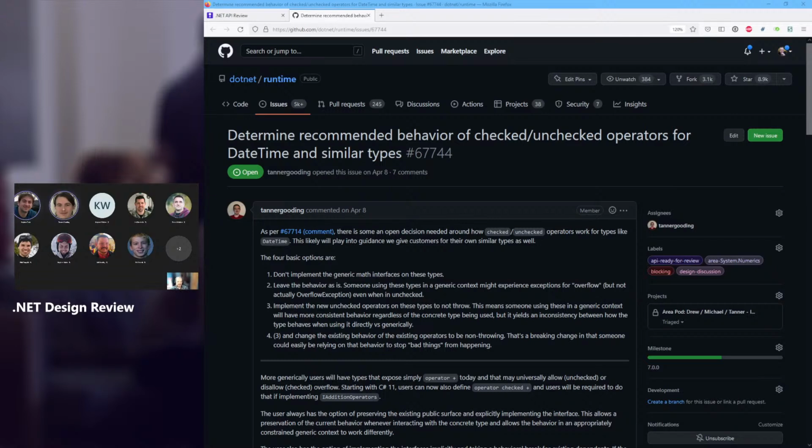IEqualityOperators is math related, whereas if you want non-math related, you use IEquatable. So for non-numeric types, they're category 1. For math and numeric types, they are category 3. And that's the behavior that we'll push forward unless there's some extenuating circumstance to do 4, like IntPtr is.